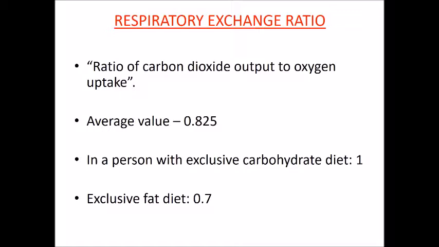The reason is that here most of the oxygen is used to combine with hydrogen atoms from the fat to form water instead of carbon dioxide. So the ratio will decrease because now less carbon dioxide is produced and more oxygen is consumed. So it will become 0.7.